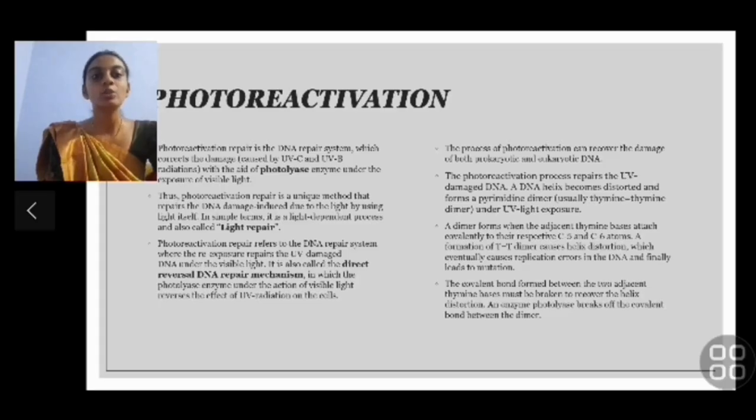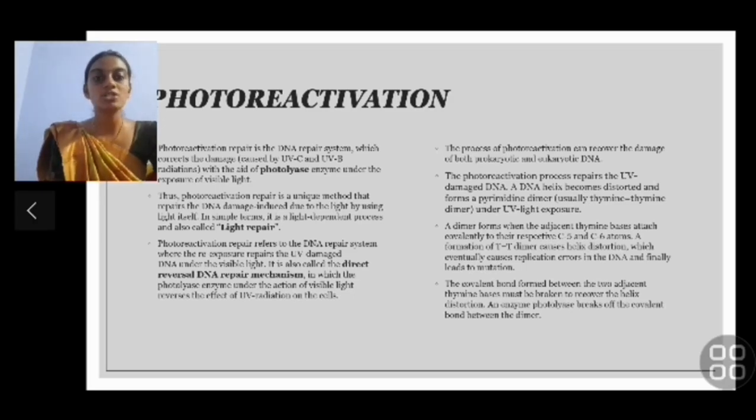The photoreactivation process repairs the UV damaged DNA. The DNA helix becomes distorted and forms a pyrimidine dimer, most commonly a thymine-thymine dimer, under UV light exposure. A dimer forms when the adjacent thymine bases attach covalently through their respective C5 and C6 atoms.